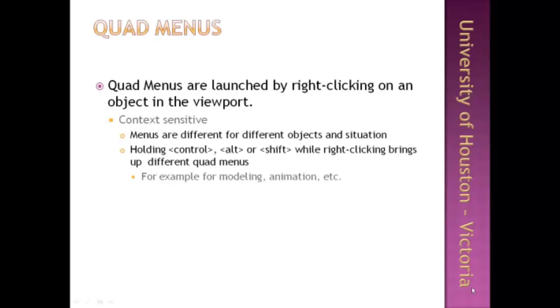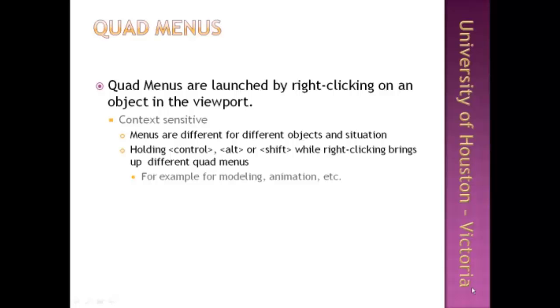All right, another interesting tool that you have in 3ds Max is called quad menus. Quad menus are context-sensitive menus and options that you can access by right-clicking an object in the viewport. Context-sensitive means they will be different depending on the situation.